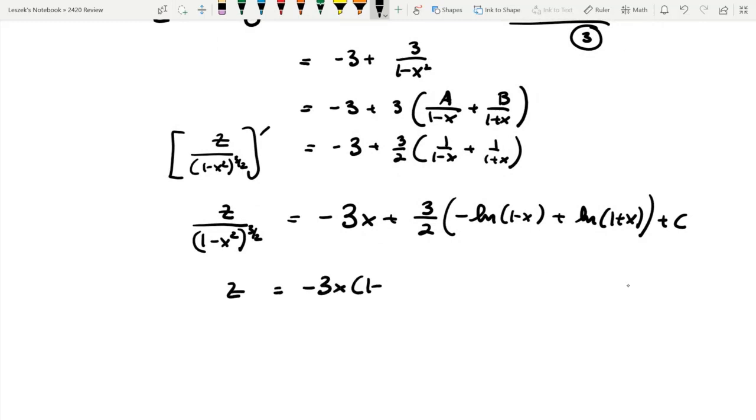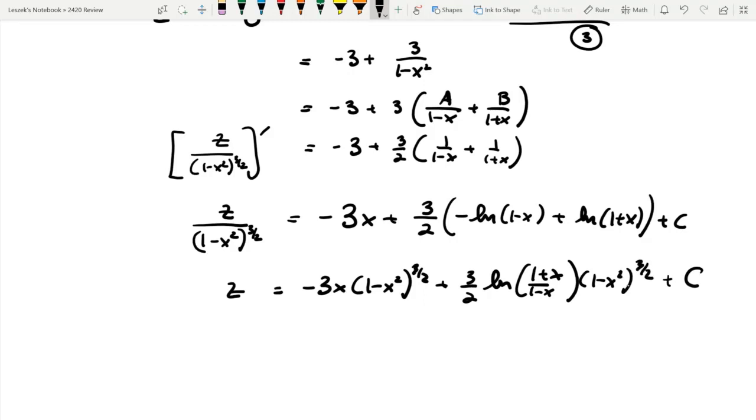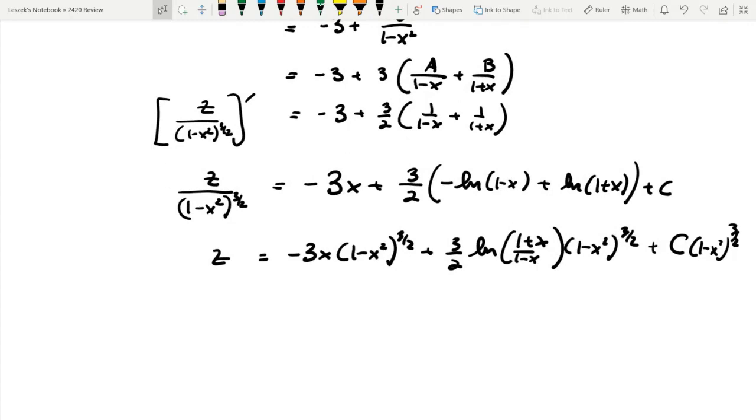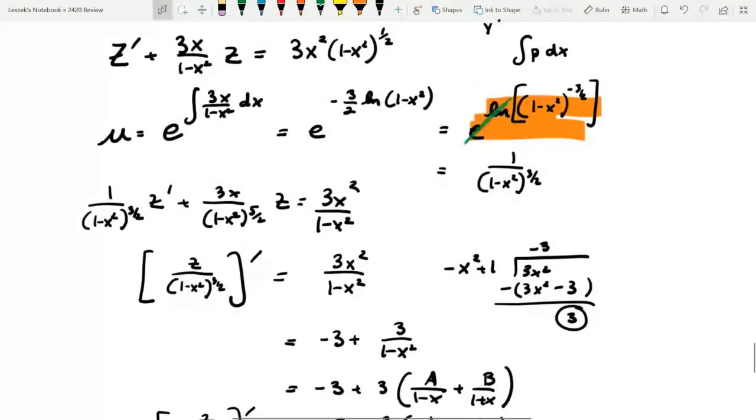Maybe except cleaning this up by using properties of logs. But this would be log of 1 plus x over 1 minus x. And then, of course, we don't want to forget z is really, what is z?